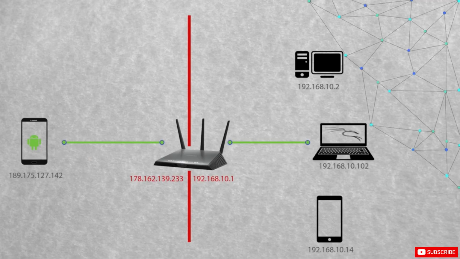In this lecture we are going to configure our router to forward incoming connections to our Kali Linux machine. By default, our router doesn't allow incoming connections from devices that are outside our local network, but we are going to set up port forwarding that would forward all the incoming connections to our Kali Linux.